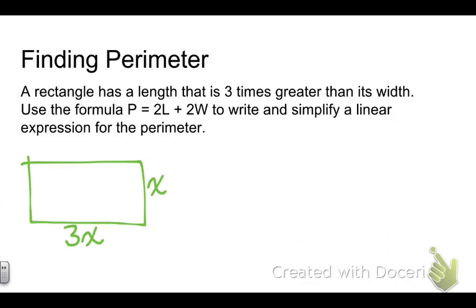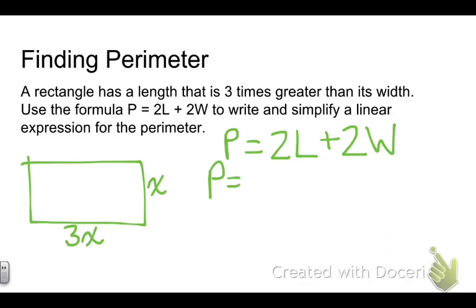So now look at this formula. We've got the formula P, which stands for perimeter, equals 2L. The reason it's 2L is because it's 2 times your length. And you're adding that to 2 times your width. So if I plug in everything I know, I'm trying to find the perimeter for 2 times length. What's my length? Well, my length was 3x.